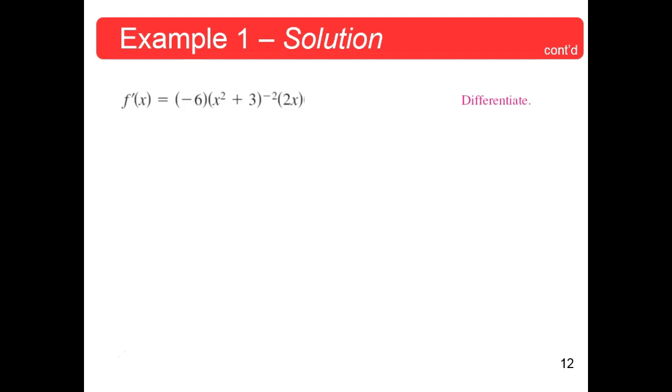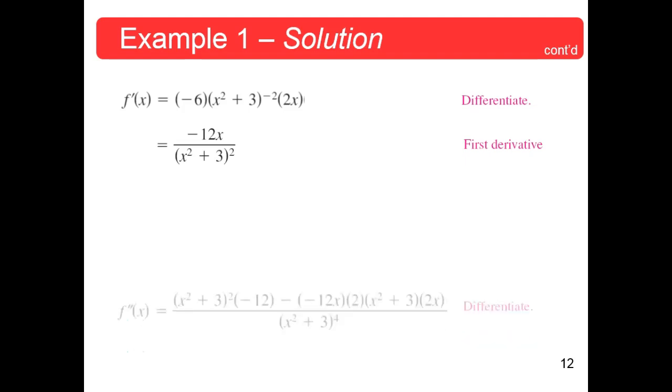First derivative is that. Rewrite that reasonably, and I like to keep it in linear form. They like to do it in rational form, okay? Linear probably is not the best way. Minus 12x in the numerator and x squared plus 3 squared in the denominator. So I would just as soon keep it in the numerator as well as x squared plus 3 to the minus 2. Because then the next thing we've got to do is take the second derivative.